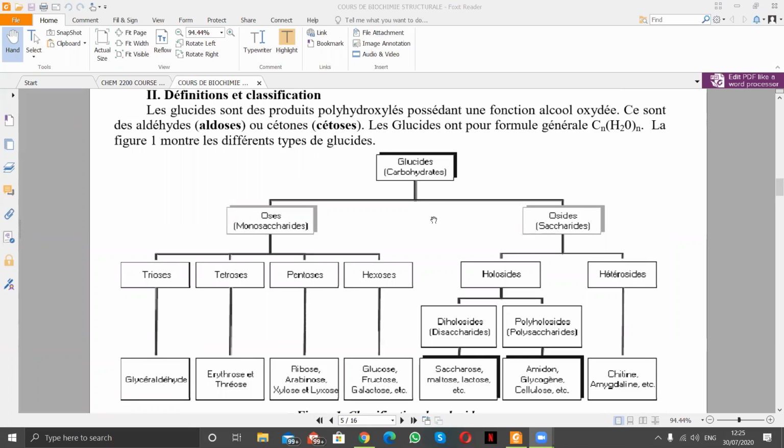Are we together? Repeat that point. Okay, I'll repeat. Take note of this point. All monosaccharides consist of a single polyhydroxyl aldehyde or ketone, that is, aldose or ketose.